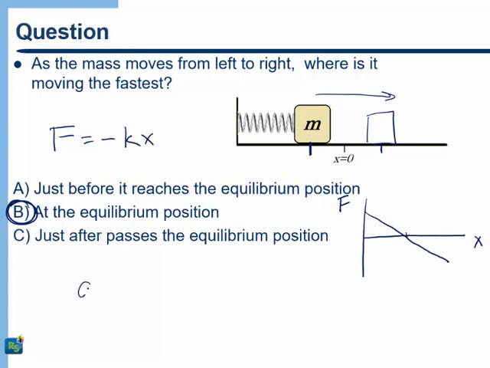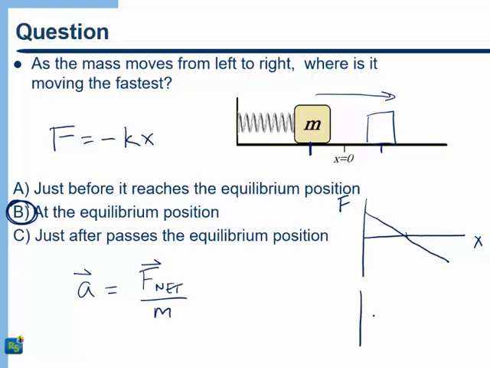Remember, one of the important things we learned when we discussed Newton's second law is that the acceleration and the net force are always in the same direction, and the graphs always look the same because we're just taking the force and dividing by a constant.